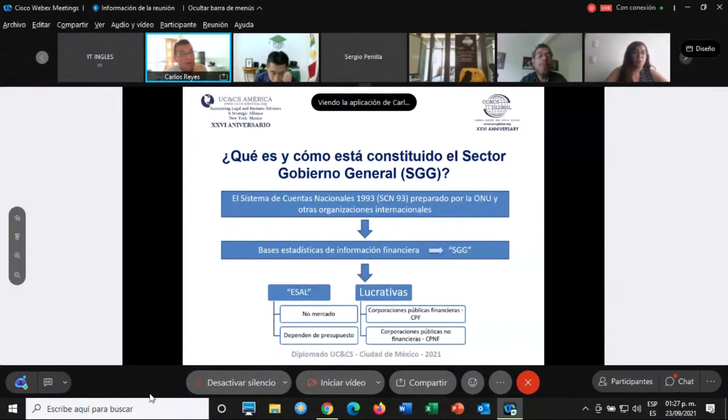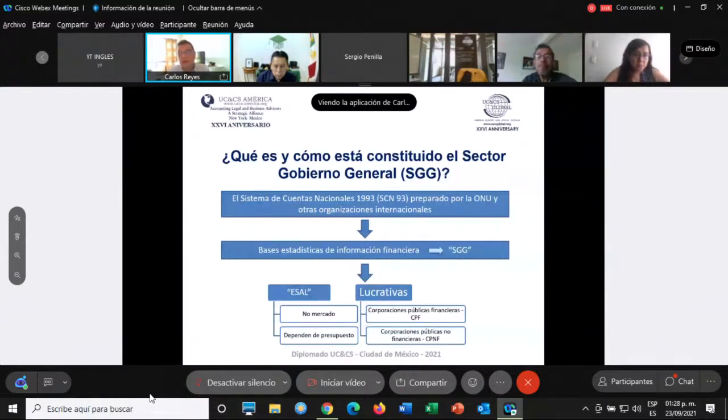Financial information statistical bases basically are made up of non-profit organizations with no commercial activities that depend on budget, and they provide information on government entities that carry out mainly trading activities, which are financial corporation sectors, public, financial, and non-financial corporations, and the public sector as a group, as a set, as we can see here in the slide.